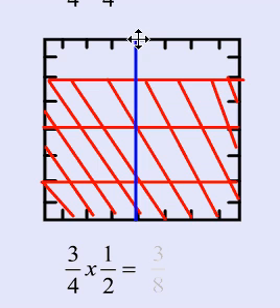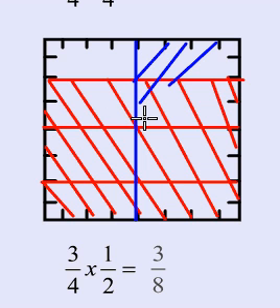The next thing I need to do now that I've split it in half here is I actually want to shade in half of my picture. So I'm just going to go like so, shading in half of my picture.